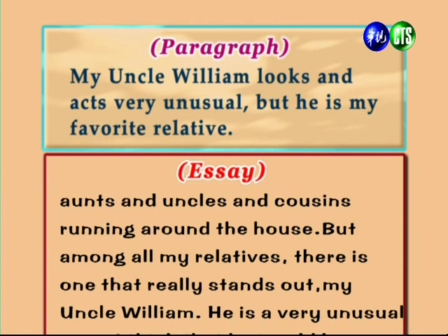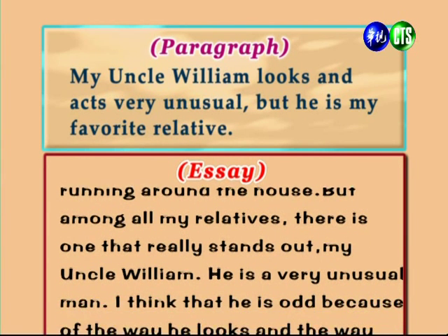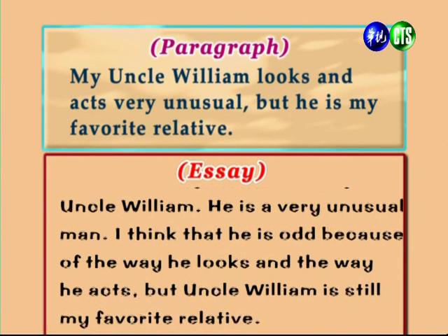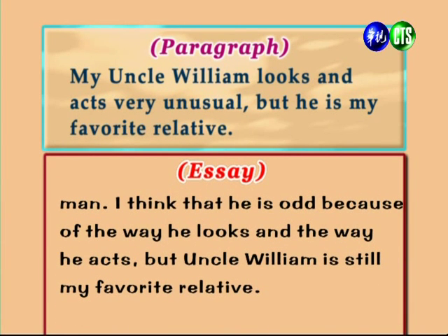From this added information, we see that Uncle William is part of a very, very large family, and so the context makes him seem much more special because we're picking him out from a very large group.